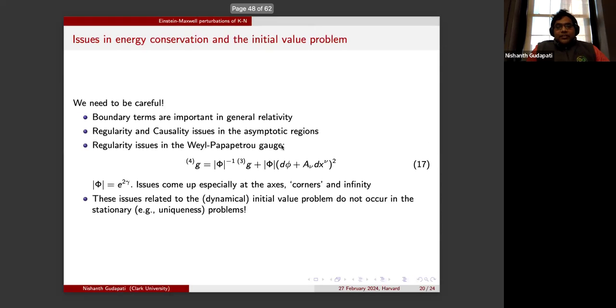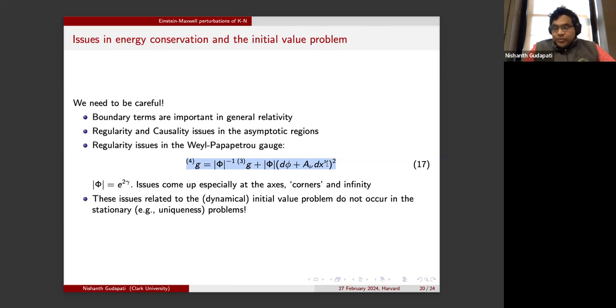I have a couple of comments about the boundary terms as well, right? So that's not the only problem. You see, in the axially symmetric space-time, there is an issue with the regularity at the axis, where one has to be careful always. But not just that. The choice of the gauge here, the Weyl-Papapetrou gauge, which we use and which gives the Einstein wave map system, has a structure that, if you observe carefully, e to the 2 gamma here is the norm of the d phi field, right?